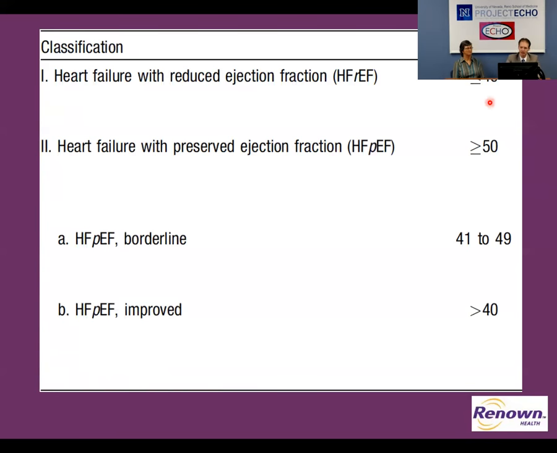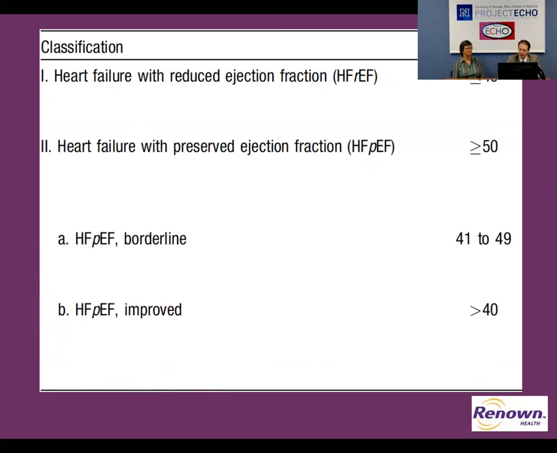So it's not 45, it's not 50, it's less than or equal to 40 that is heart failure with reduced ejection fraction. Heart failure with preserved ejection fraction is greater than or equal to 50. So if they're 50, 55 plus, then they have a clinical presentation consistent with heart failure. That's heart failure with preserved ejection fraction.